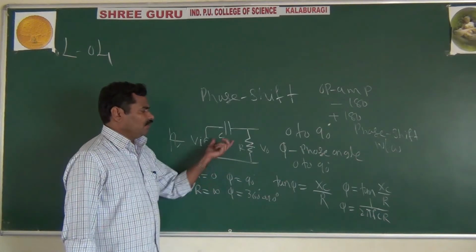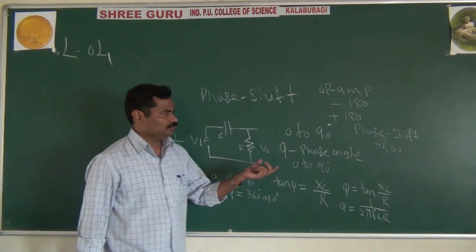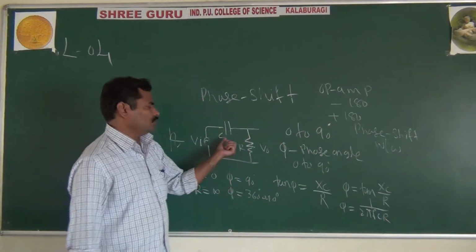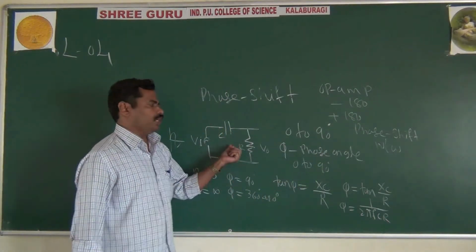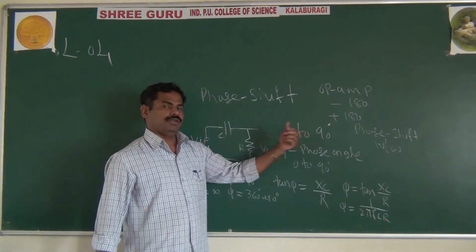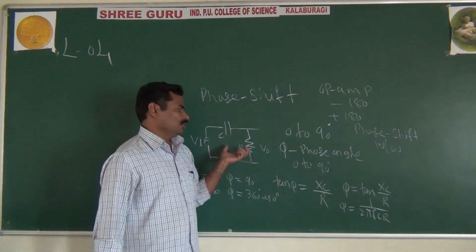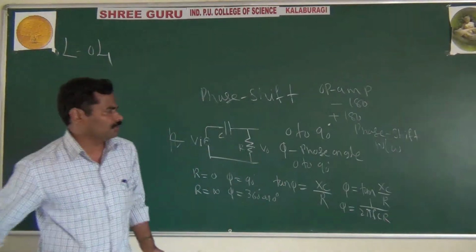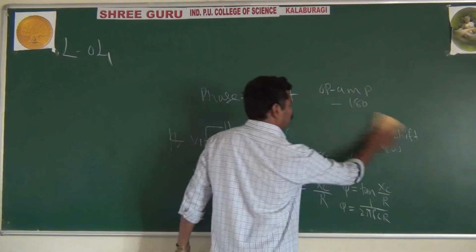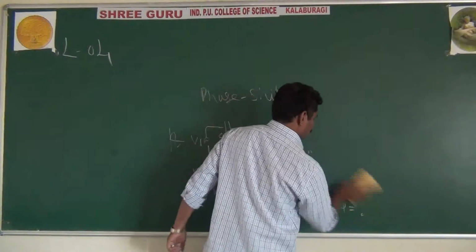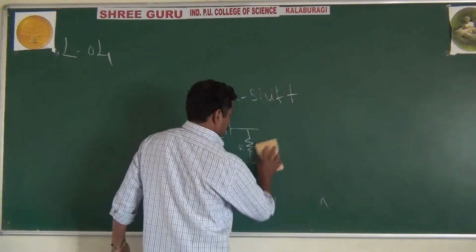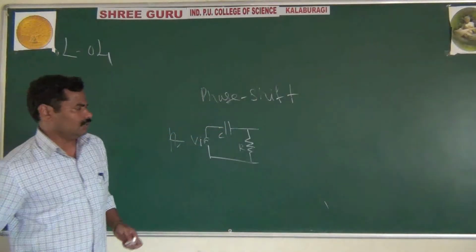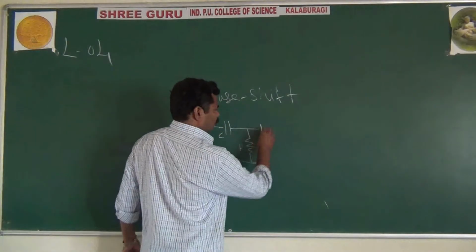Actually we want a 180 degree phase shift, and if we take a single R and C, maximum we may get 90 degrees. So a single R and C combination is not enough, and you take another R and C combination.